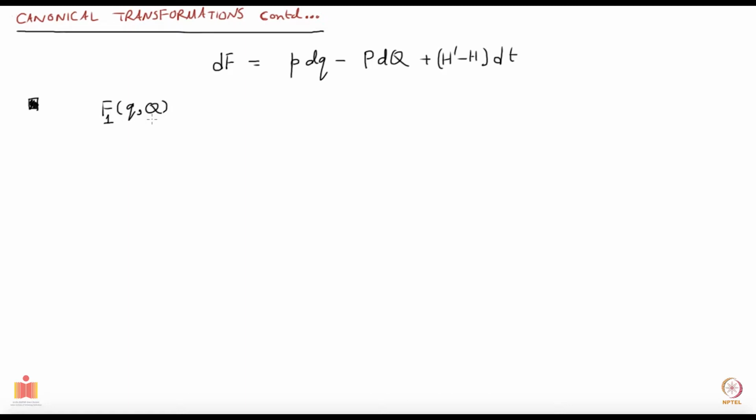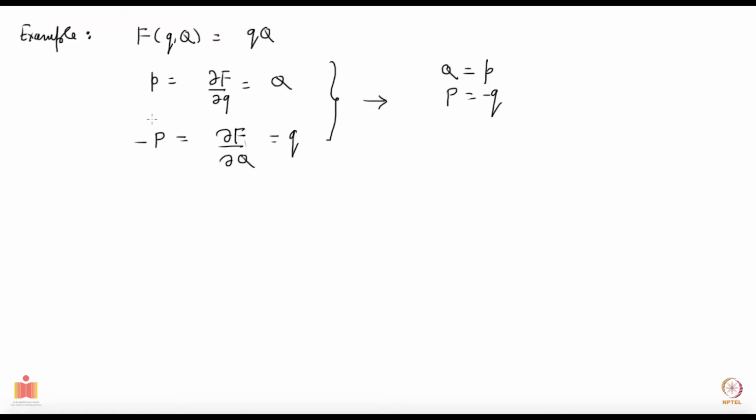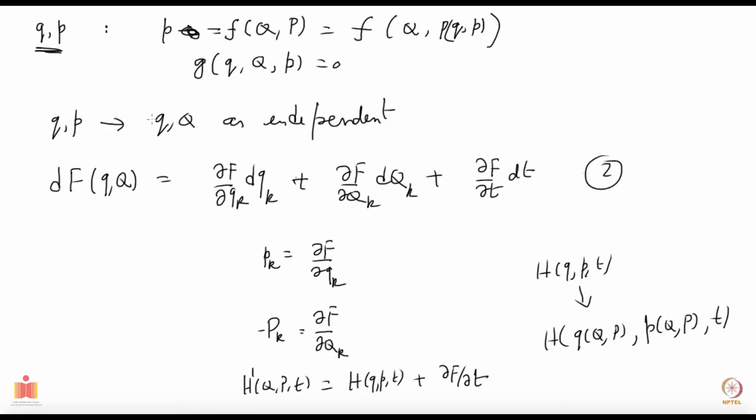And we saw that these are the relations, the small p and capital P are given by this, so both are derivatives with respect to, okay, good.